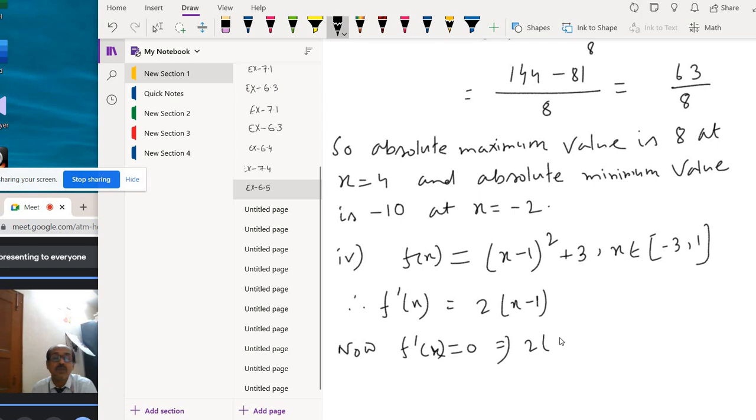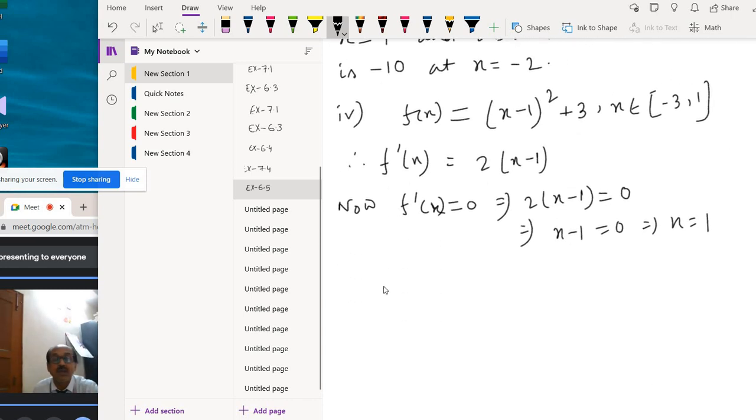This gives 2 into (x minus 1) equal to 0. So this means x minus 1 equal to 0, and so x equal to 1. The interval is minus 3 comma 1, and 1 you can also take.